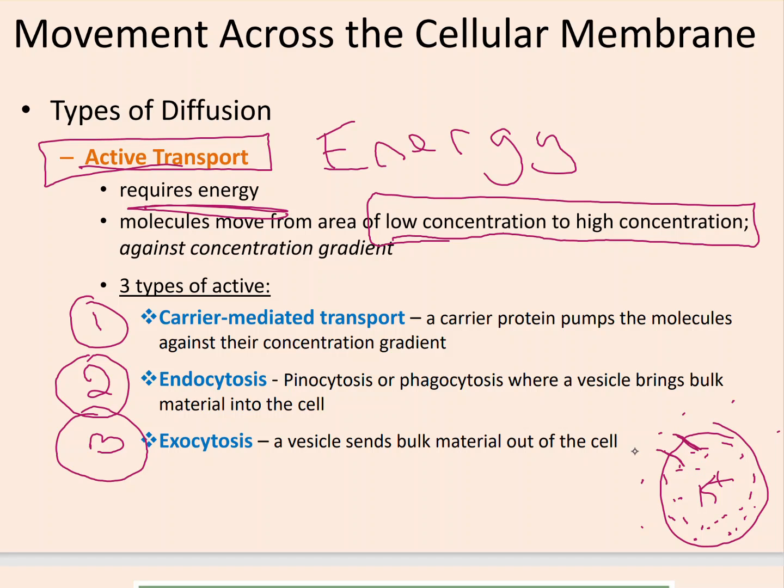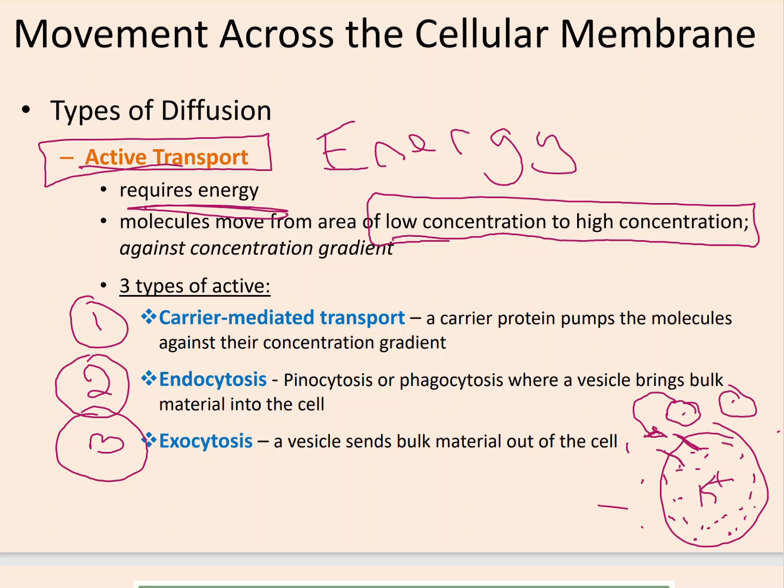In order for these potassium molecules to move into the cell, since they will be going against their concentration gradient, they are going to require energy to move them. This is what we call active transport or carrier-mediated transport, where a protein pump will have to actively move that potassium against its concentration gradient.